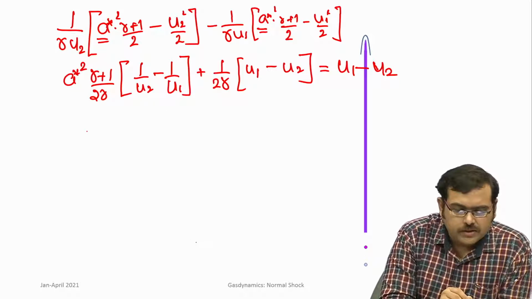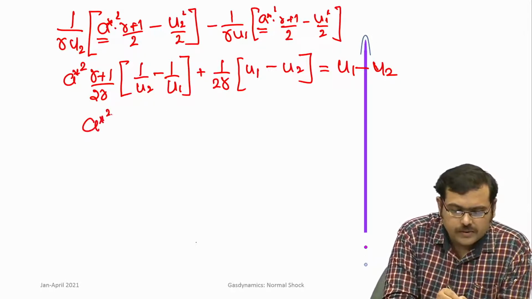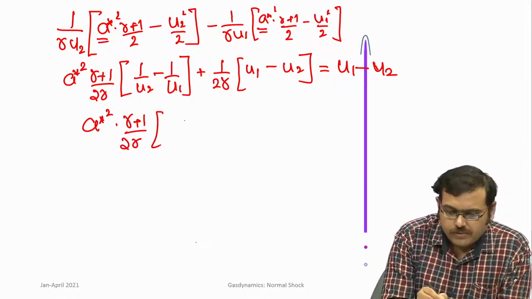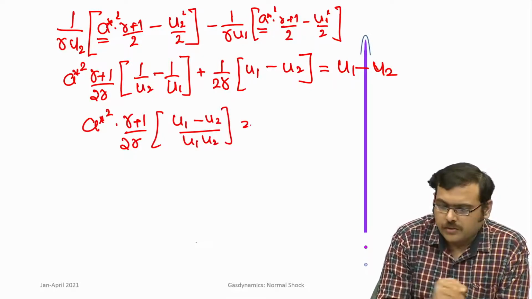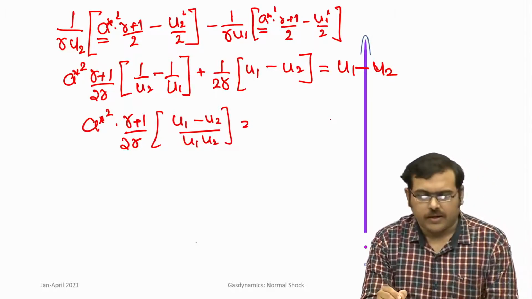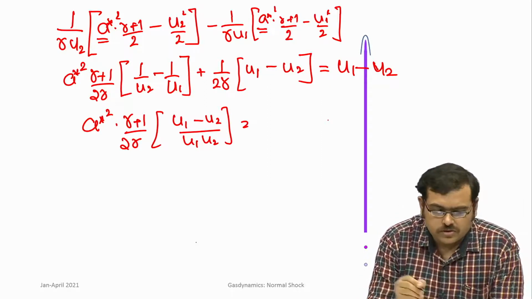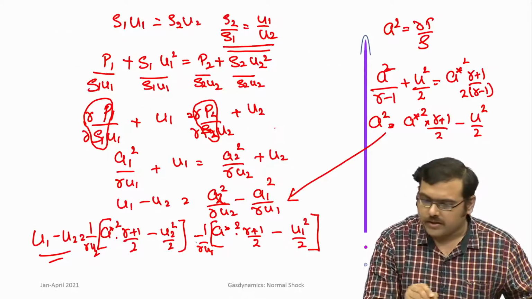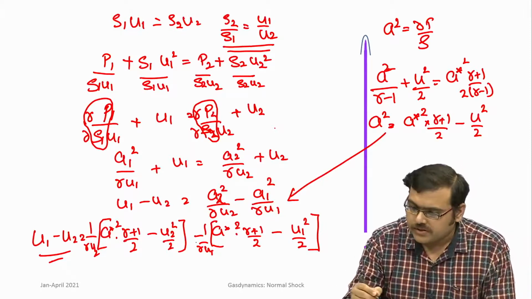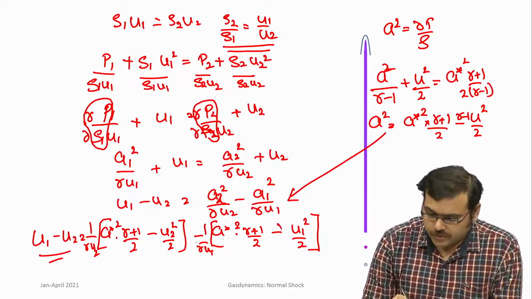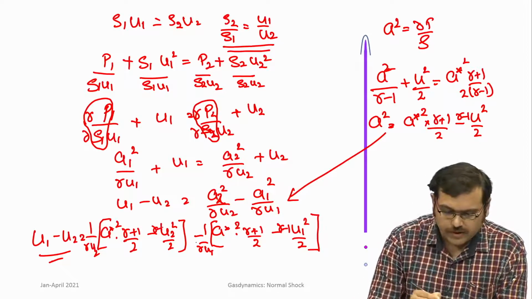Okay, so a star square gamma plus 1 by 2 gamma, u1 minus u2 by u1 u2 is equal to, so you have this term over here, and here you get the equation. Okay, so I have missed a part, which is, yes, at this point it is gamma minus 1 by 2 u square, so that term has to be included everywhere.